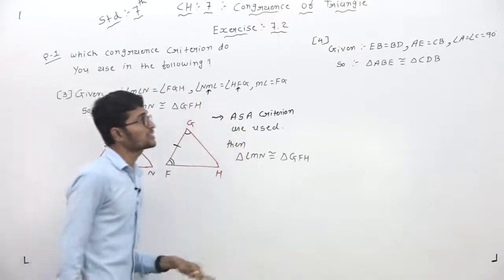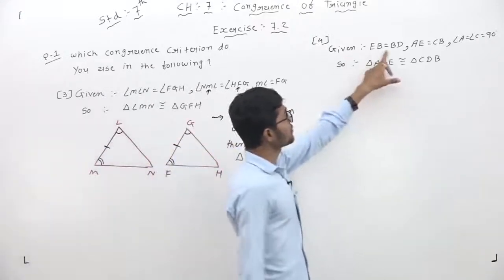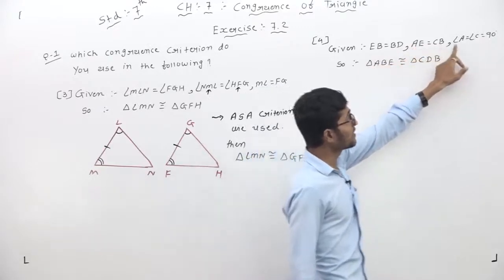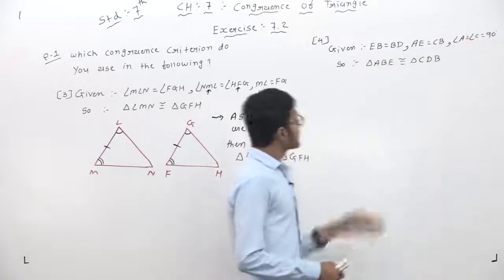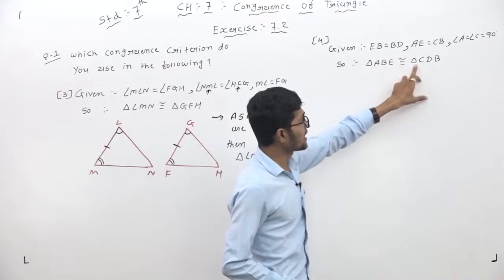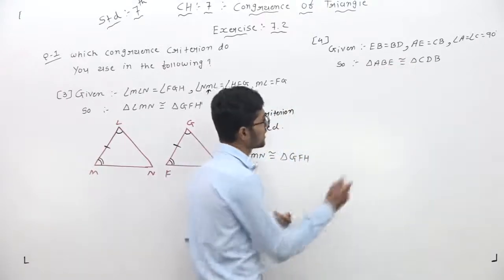Same for the next, question number 4. In this question also the given is EB is equal to BD, AE is equal to CB, angle A is equal to angle C is equal to 90 degrees. So triangle ABE is congruent to triangle CDB. First of all, two triangles are given, so draw two triangles.